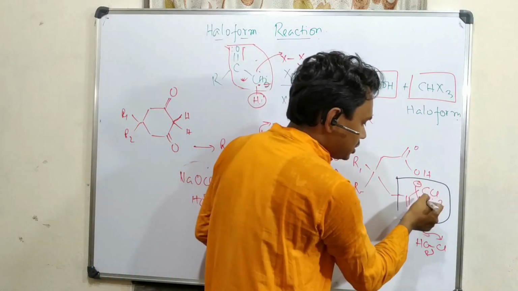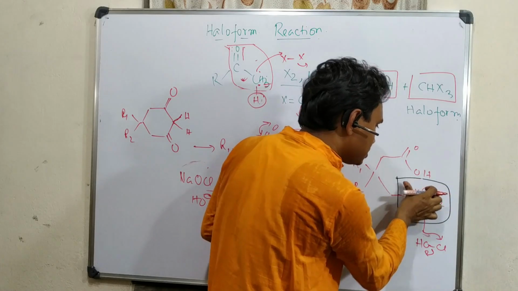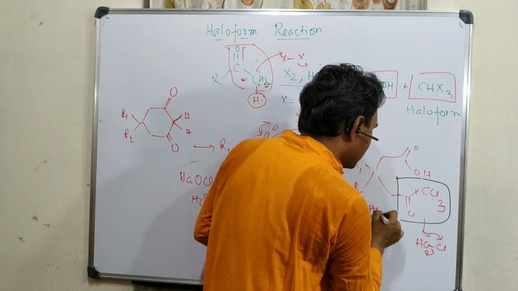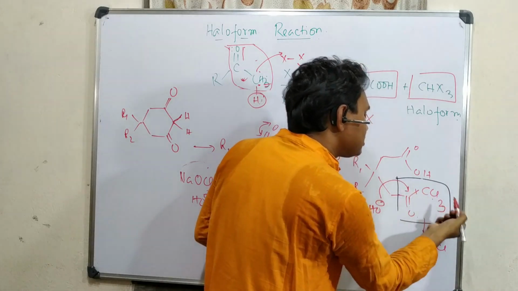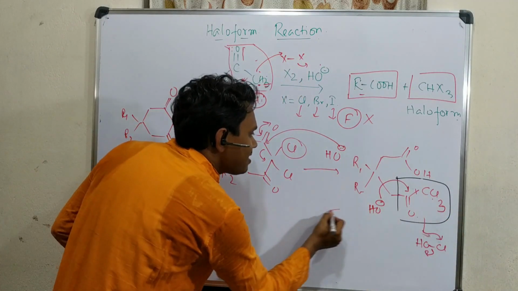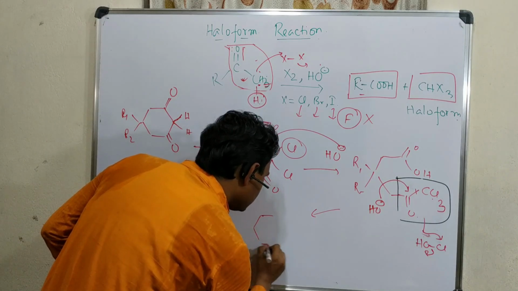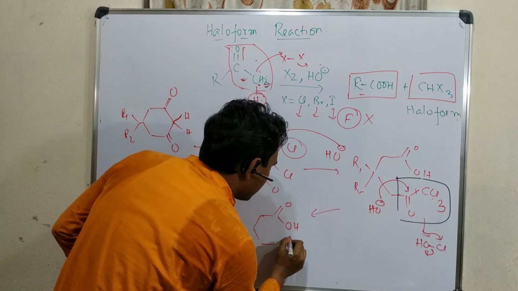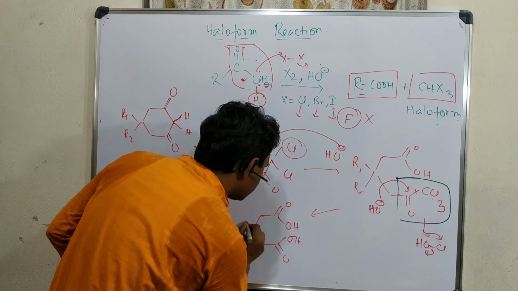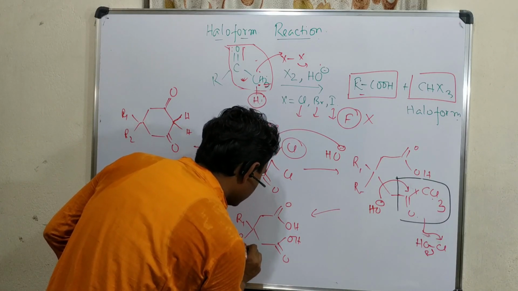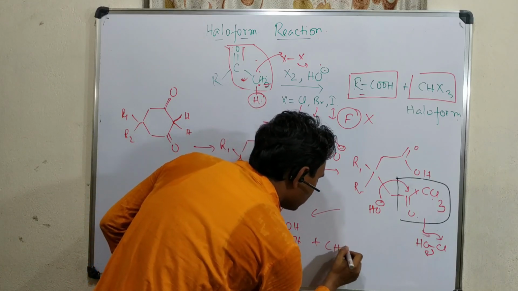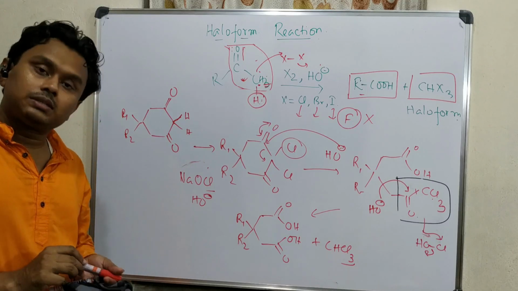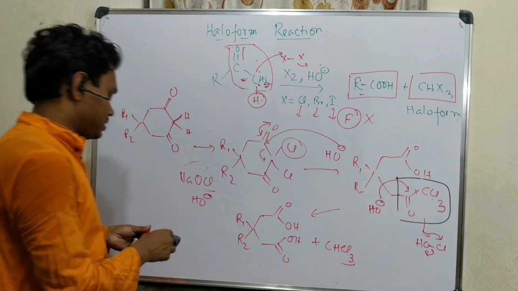When this trihalogenation is complete, alkali further attacks here, and ultimately chloroform and another final product is produced. So this is OH. Actually, after workup, this OH and this dicarboxylic acid plus chloroform is produced. Okay, so these are some unique examples related to the haloform reaction.